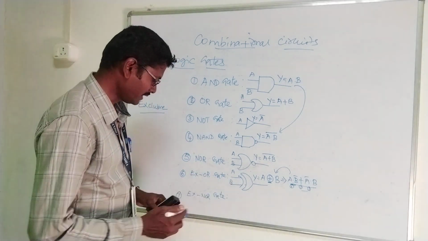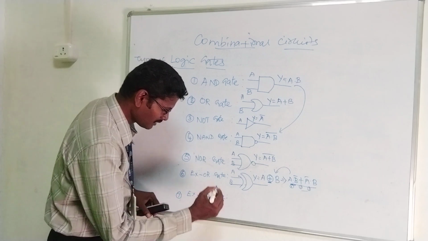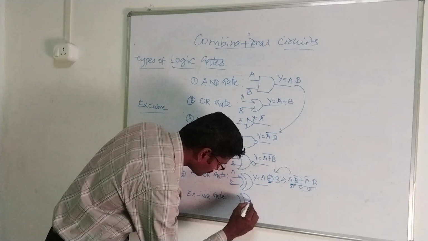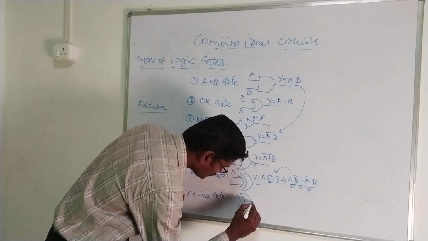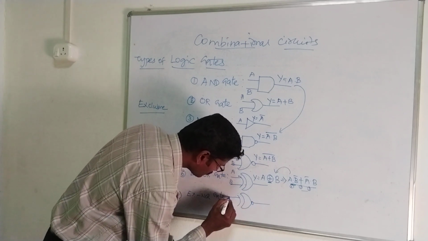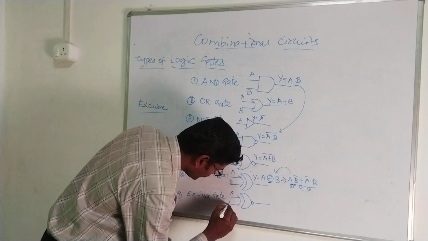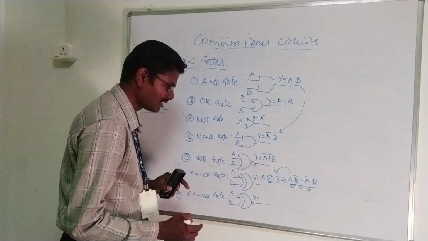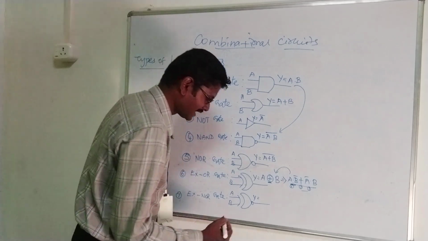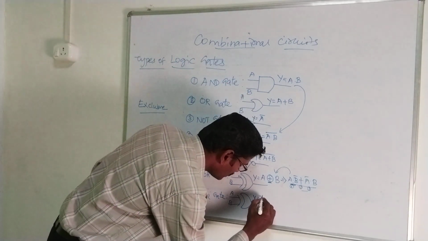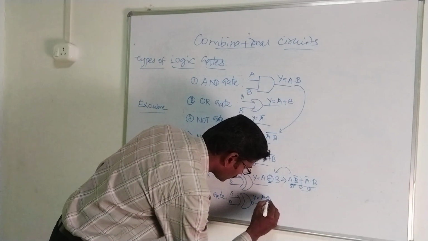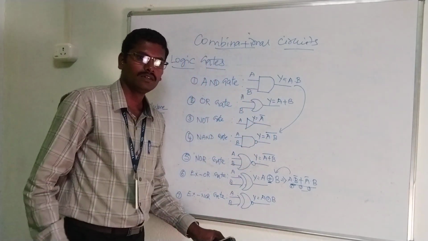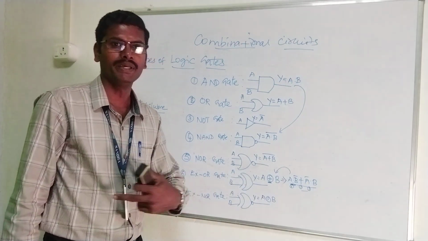right? So next, similarly, XNOR gate. The symbol for XNOR has input A, B, two input variables, one output variable, and the corresponding expression for XNOR, the inverse of XOR, is A XNOR B, that is A dot crossover B, right?